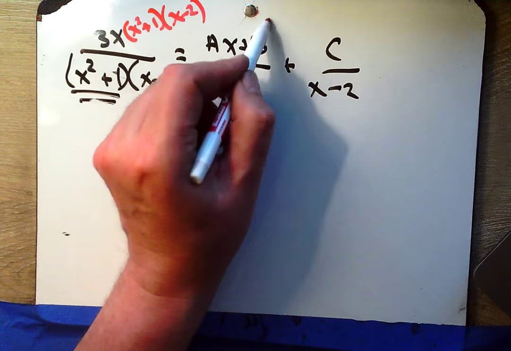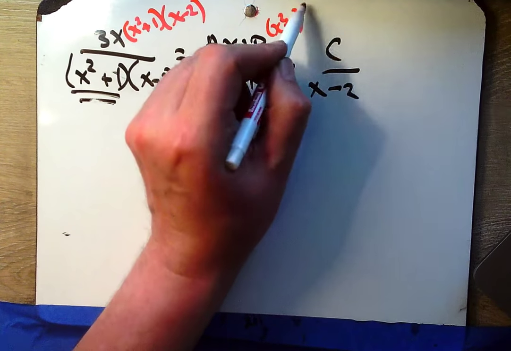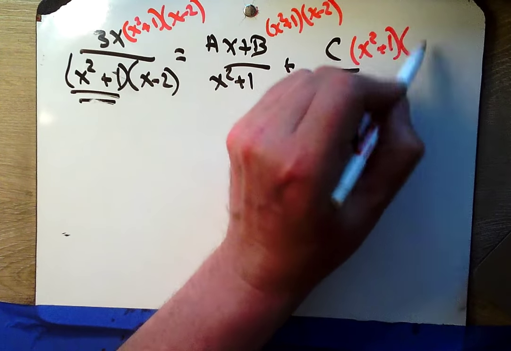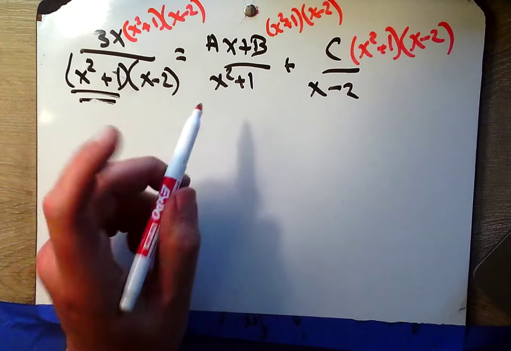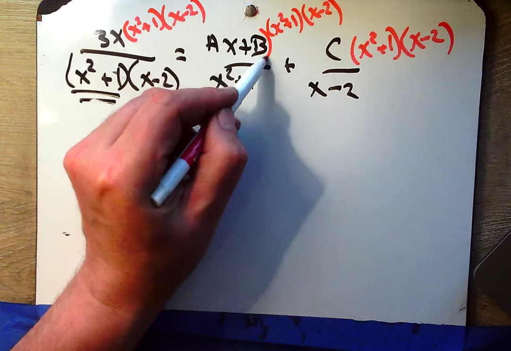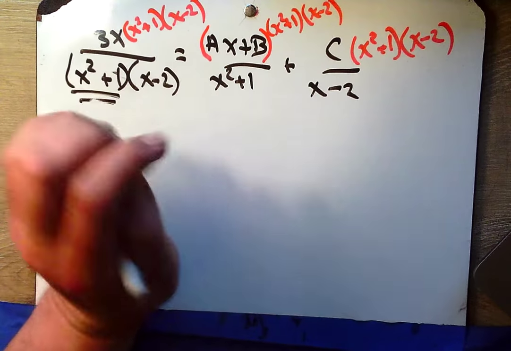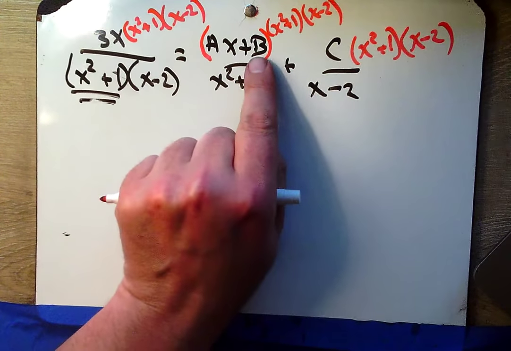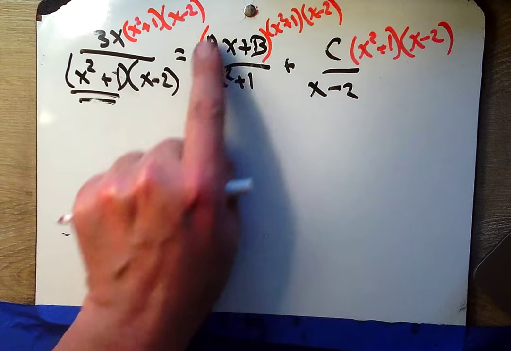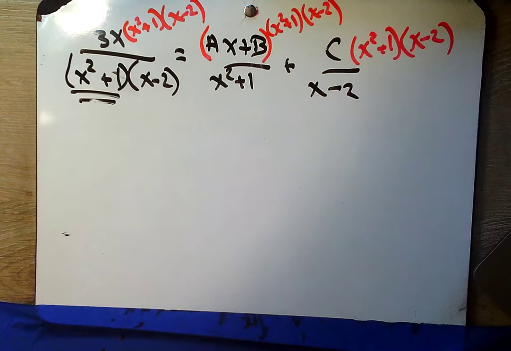How rare and convenient. (x squared plus 1)(x minus 2), and (x squared plus 1)(x minus 2). I will say, with these problems, I think you're going to be much happier if you do that. Because what often happens is people only distribute the B to these things, and not all of this. Okay, so what cancels?